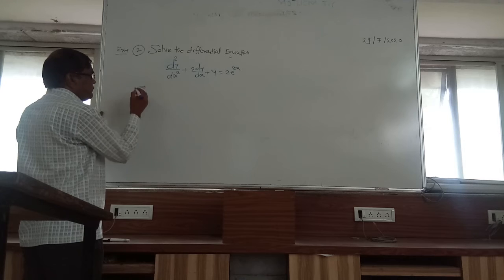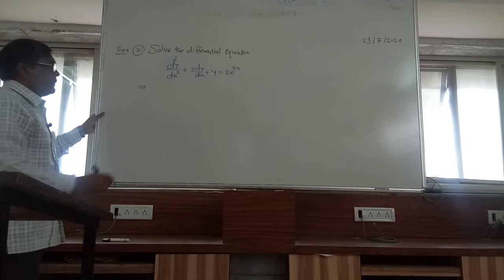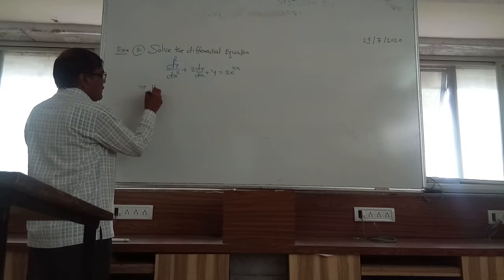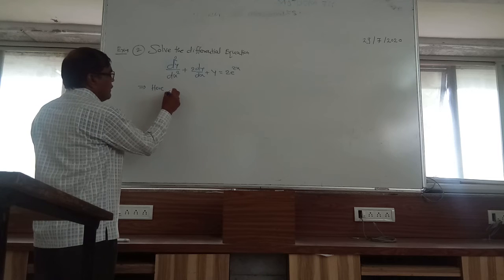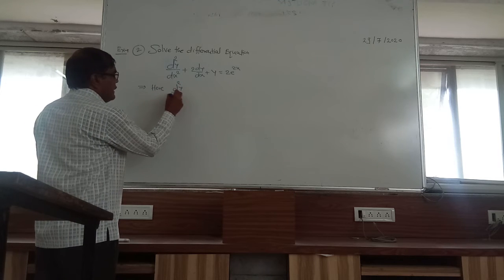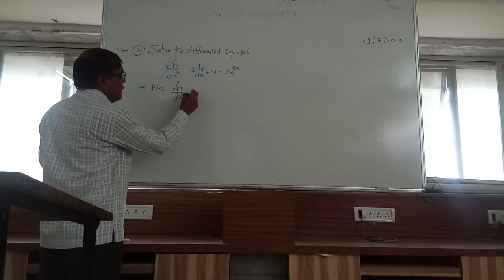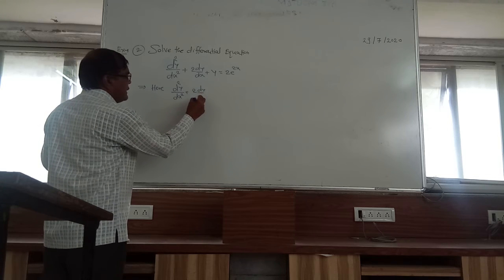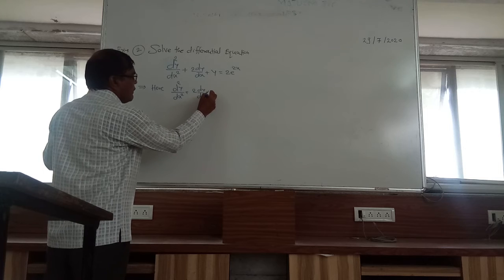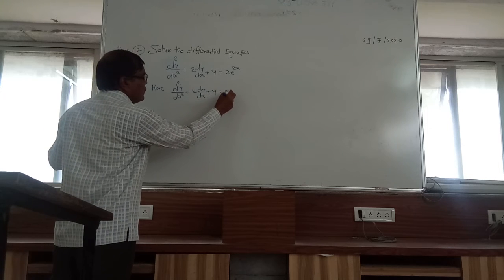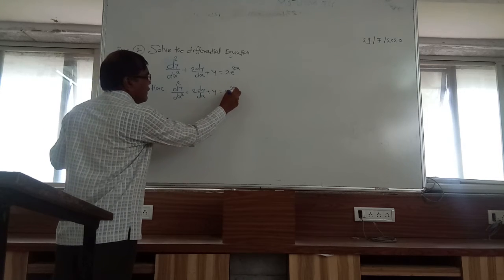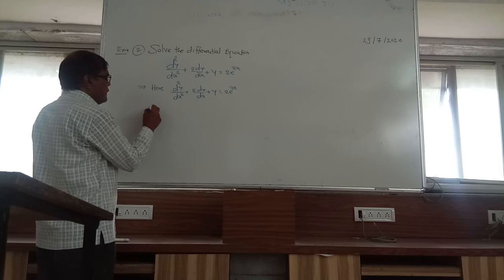Here, d2y by dx square plus 2 dy by dx plus y is equal to 2 into e raised to 2x.